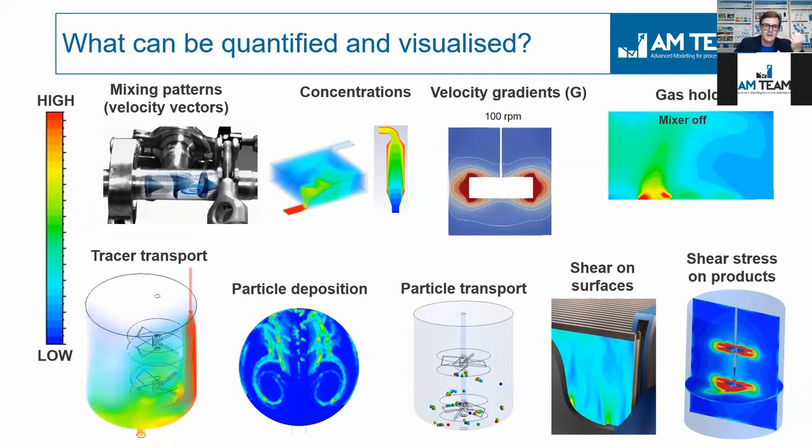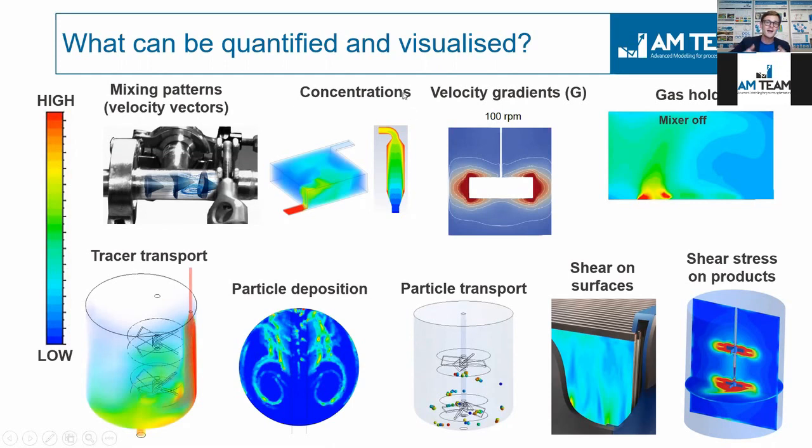This is tracer transport, but you can also look at particle deposition. For example, this is the top of a filter, and these are particles retained on top of the filter. You can look at particle transport. For example, if you add some granules that have to be dissolved, you can visualize and track each of those granules and how they travel. You can look at concentrations.